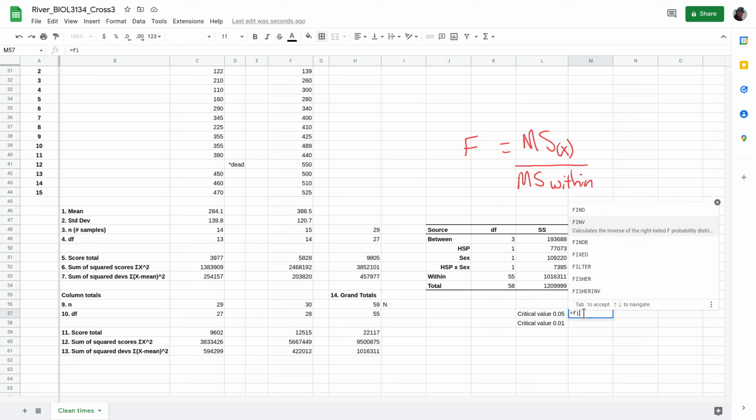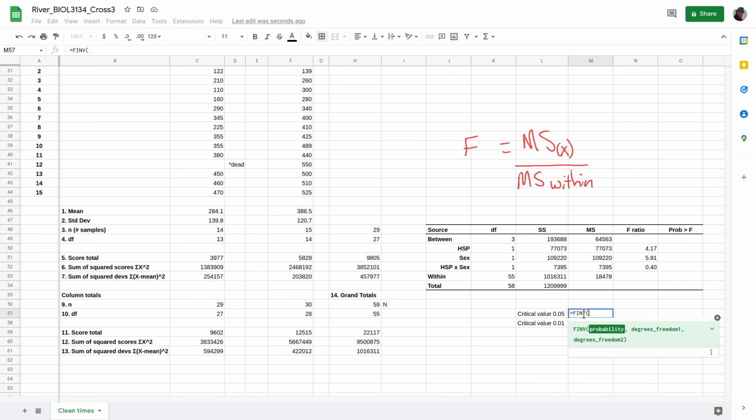It's F inverse. Now the probability that this function is asking for is our alpha value, which is 0.05, degrees of freedom 1, and degrees of freedom 2. What this means, degrees of freedom 1 is the lowest number, so that's our 1 here.